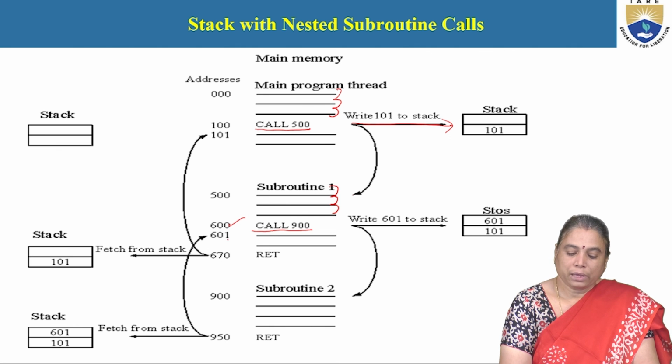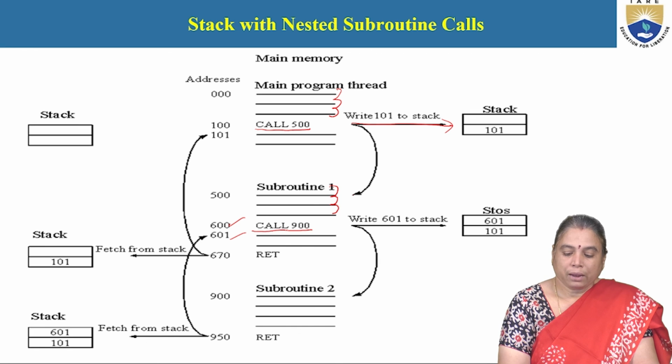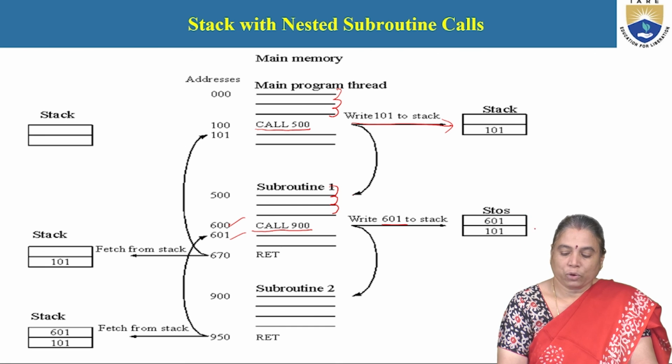The PC value will be 601. So before moving to subroutine 2, the PC value is shifted to the stack. So 601 is pushed to the stack. So here this is the stack pointer position. Next, with call 900, the address is altered and subroutine 2 starts execution.